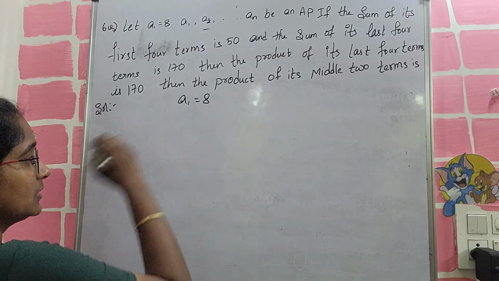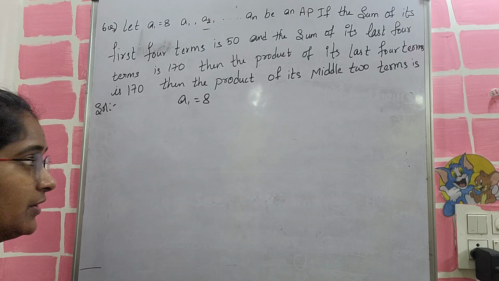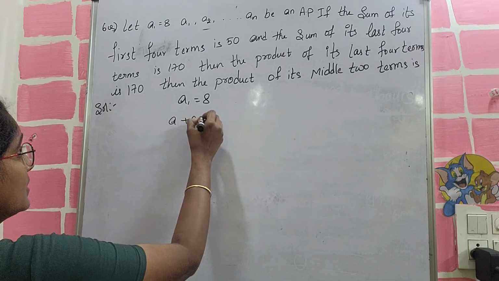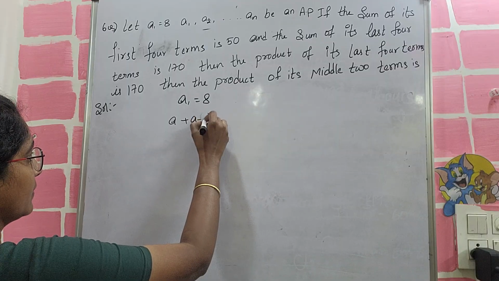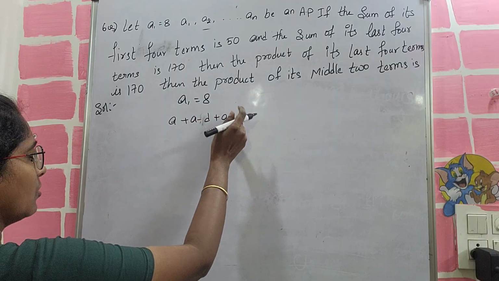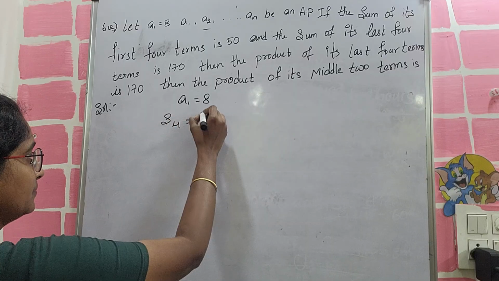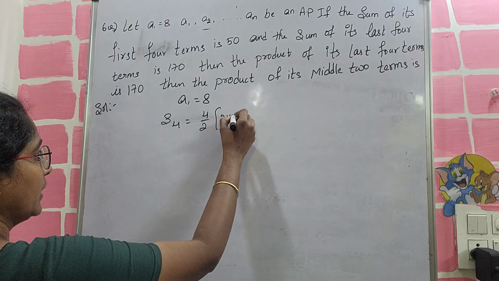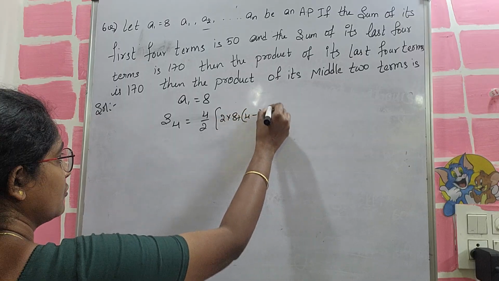What are the first 4 terms, how can we write it in AP? We can write it with the S4 formula: 4 by 2 into 2 times a, which is 8, plus n minus 1 into d.